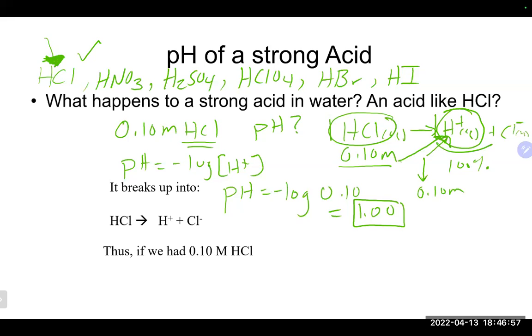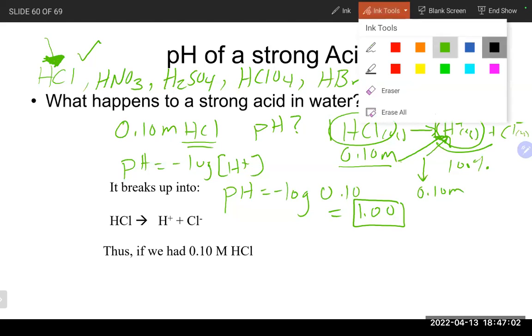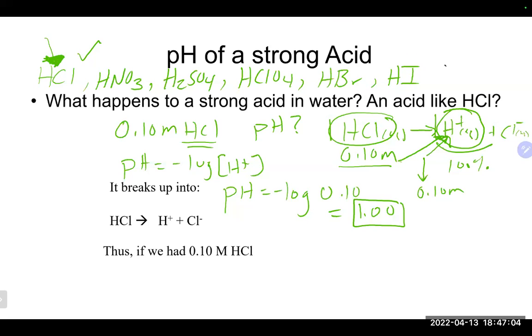So like I said, sometimes you may not be given a generic H plus or OH minus. They may actually give you a formula for an acid. For our purposes, if they do that and ask you what the pH or the pOH is, you can safely assume that it's strong. Weak acids are a much, much longer calculation, several pages.